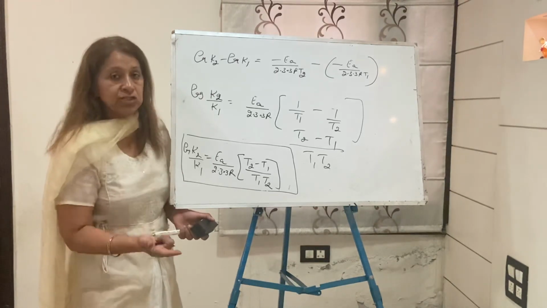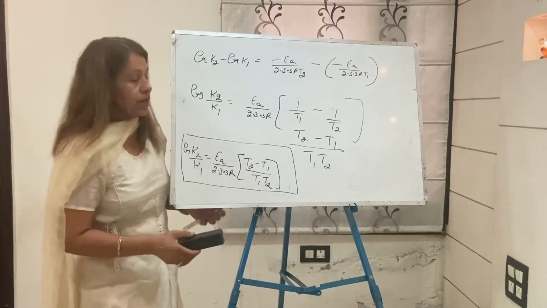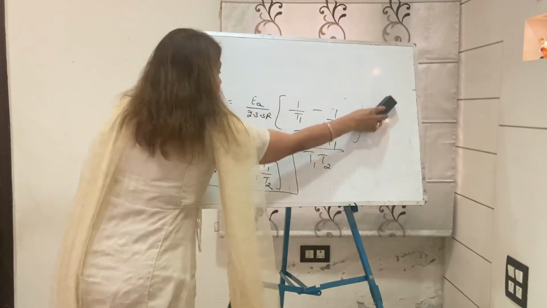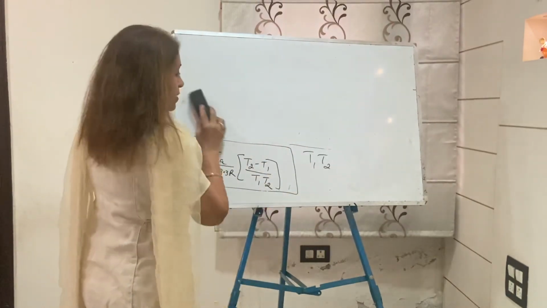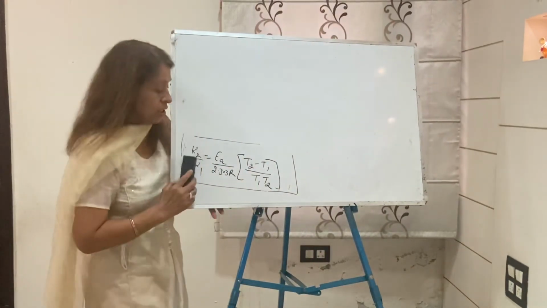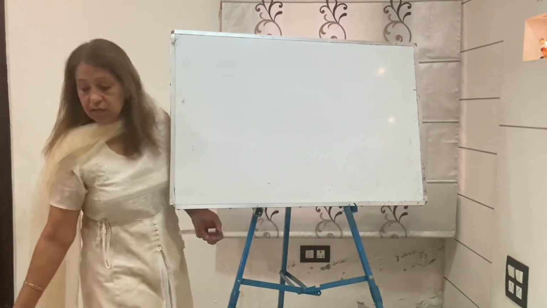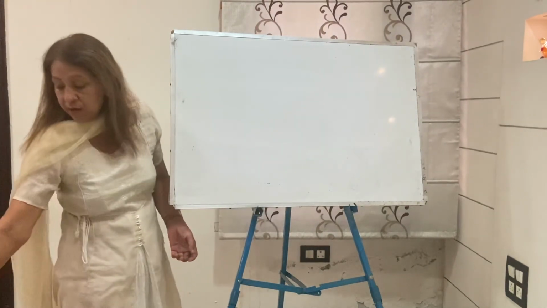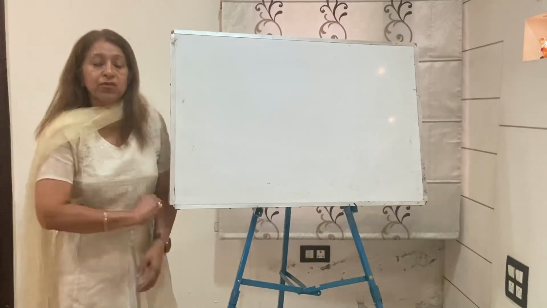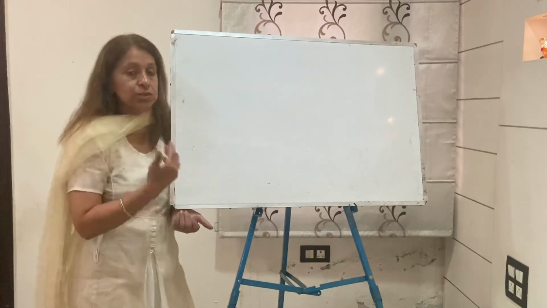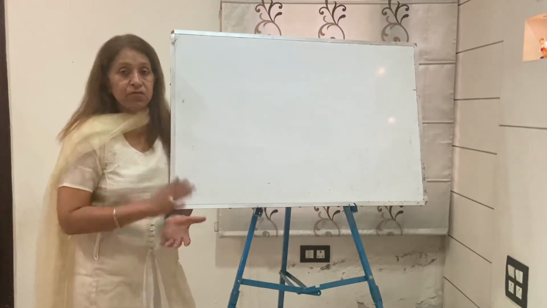There's just one lecture left of chemical kinetics. Is it okay? So what we have completed in this chapter: what is the rate of reaction, how many types of rates, average and instantaneous, which rate is preferred, and the numericals related to the rate of disappearance of reactant equal to the rate of appearance of product. This was my first lecture.